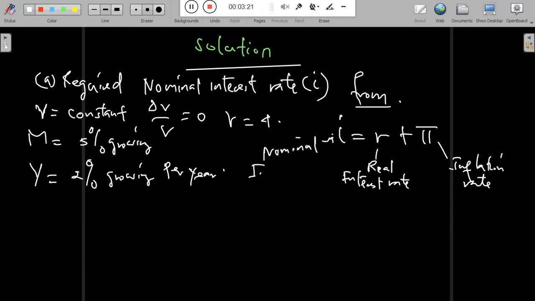Since we have the real interest rate and we are required to solve for the nominal interest rate, how could we find pi, the inflation rate? So for the first step, when we take out the nominal interest rate, that is given as 4.